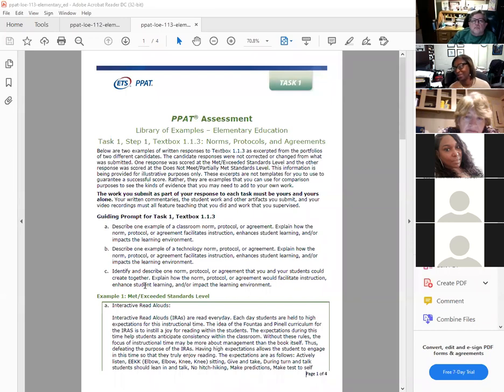I'm thinking, okay, this works. And the students were receptive because everybody had agreed that whatever we get is what we get. So sometimes it's very important and very good to allow the students to participate. So that's what you have to do. You have to describe and explain how a classroom norm, a technology norm, and also something that you developed together.